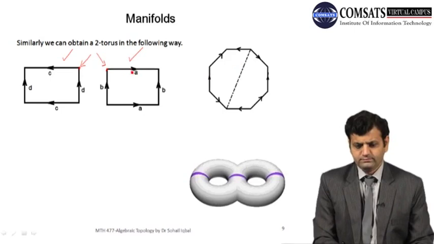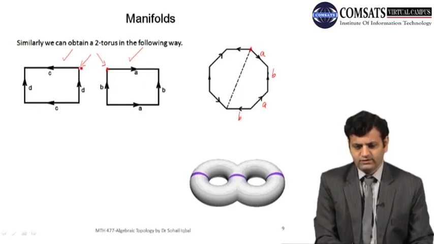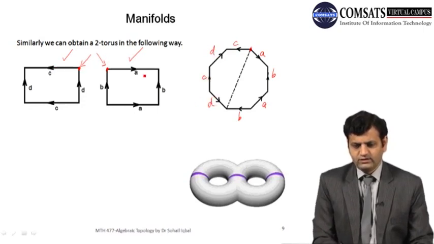This is the side A, this is the side B, this is side B, this is side A, and then once again this is side B, and we will join this corner with this corner. So in other words, this side is going to be C and then D and then C and then D. So these are two tori and we joined them in this way.